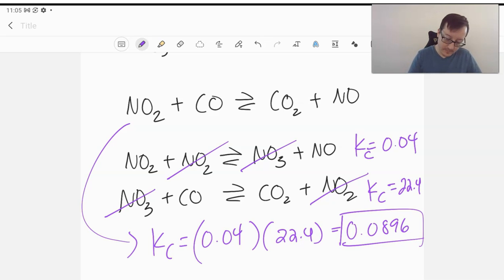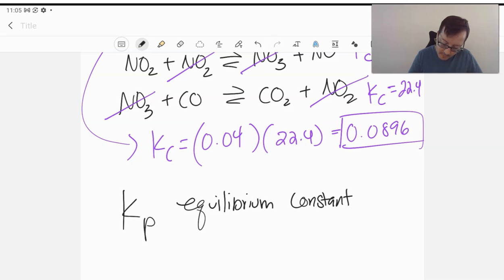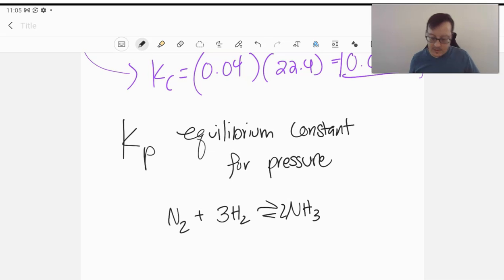And finally, we have Kp. This is an equilibrium constant for pressure instead. And when we're looking at Kp, if we take our same equation from before, everything's going to be a gas, right, for pressure.